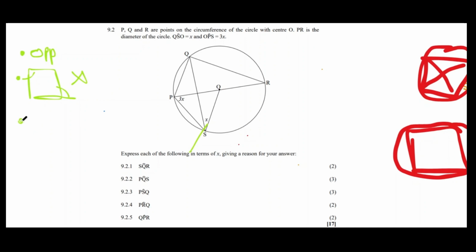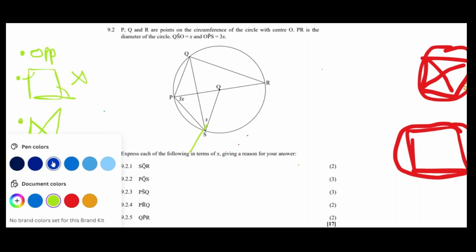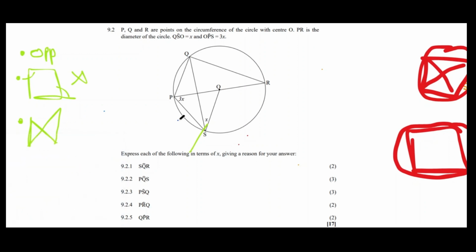One other one that we think of is angles in the same segment. We can definitely apply angles in the same segment to this question. We first need to identify the segment we're looking for, that bow tie shape. We can clearly see that bow tie shape right over here.